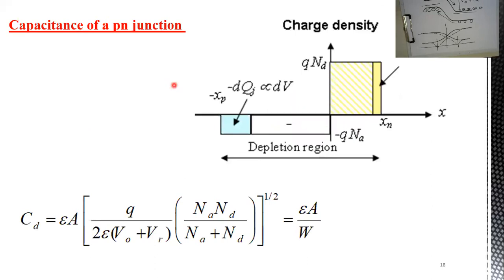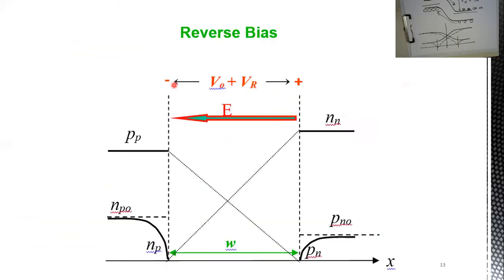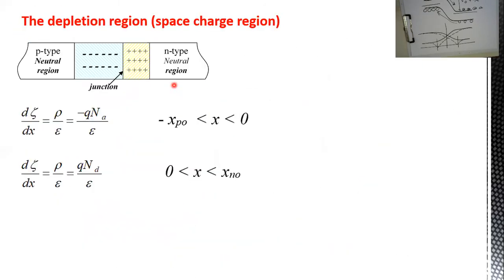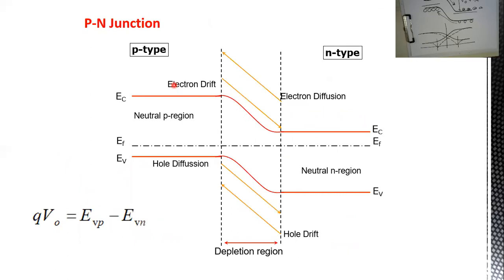Finally, if you remember, my dear students, we have discussed together what's called the capacitance effect of the p-n junction. If you remember in this slide, I told you that this in-between region is a depletion region. So it's depleted of free carriers, or it can be treated as an insulator.